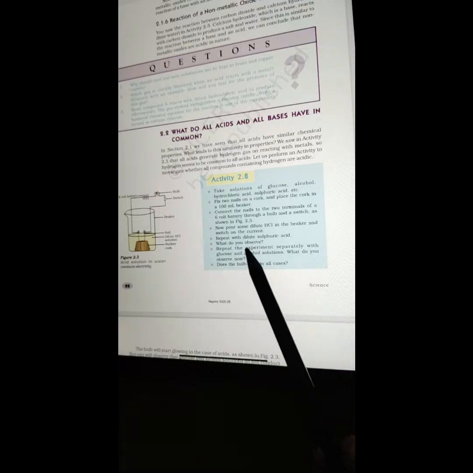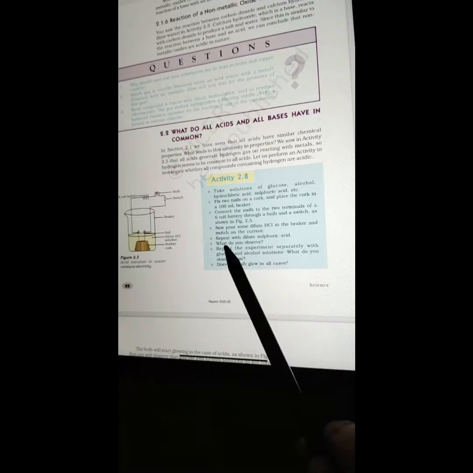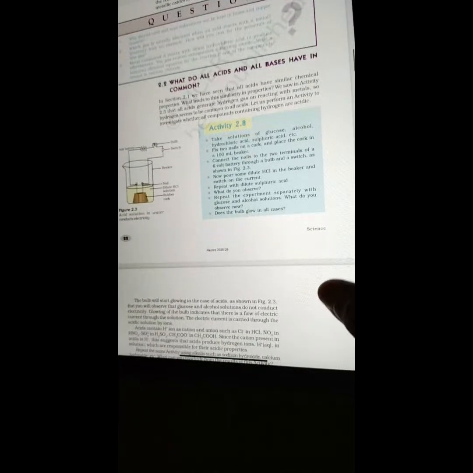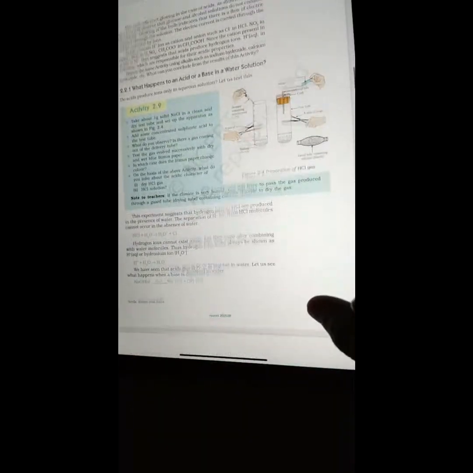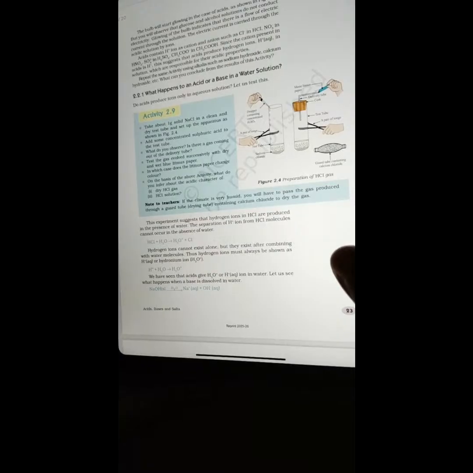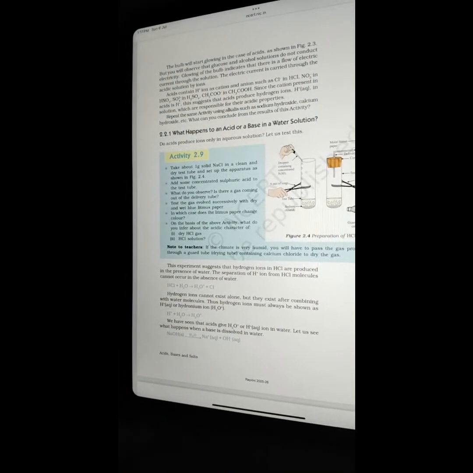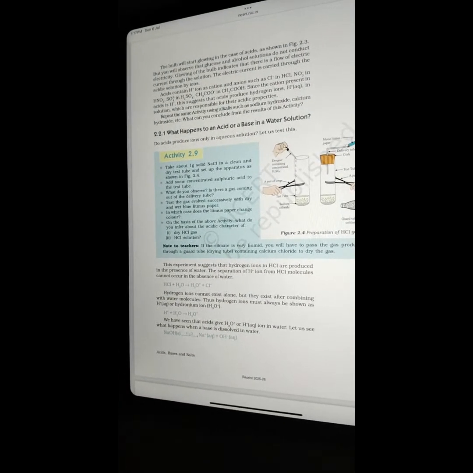Now pour some dilute HCl in the beaker and switch on the current. Repeat with dilute sulfuric acid. What do you observe? Repeat the experiment separately with glucose and alcohol solutions. What do you observe now? Does the bulb glow in all the cases? Next page, this one. I hope it is clear.